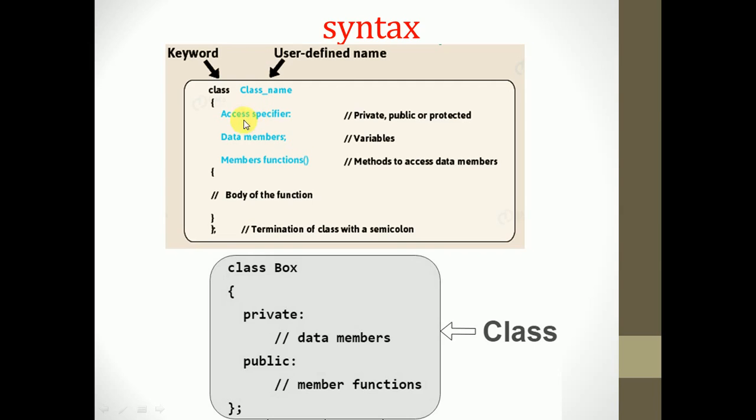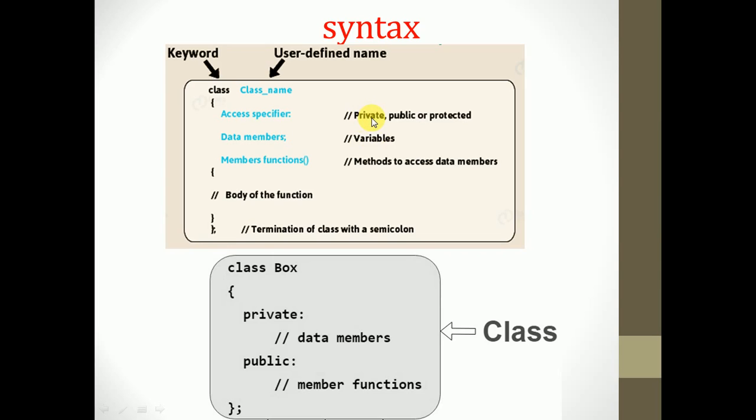Now we come across something called an access specifier. There are three access specifiers, which we call private, public and protected. So what do I mean by private? Generally, we have all our variables or data members under the access specifier private.